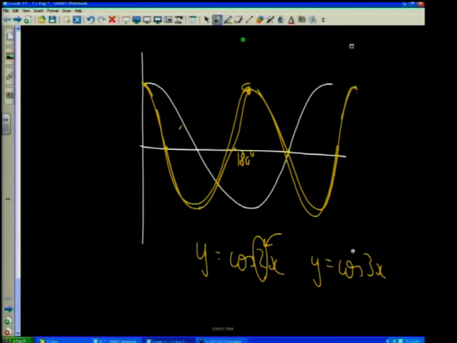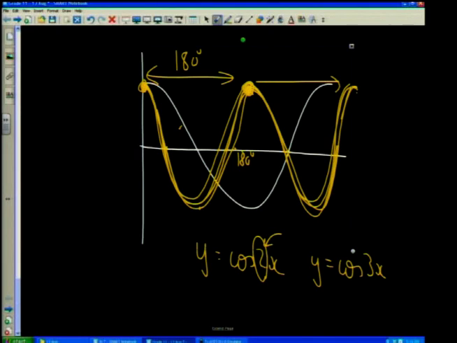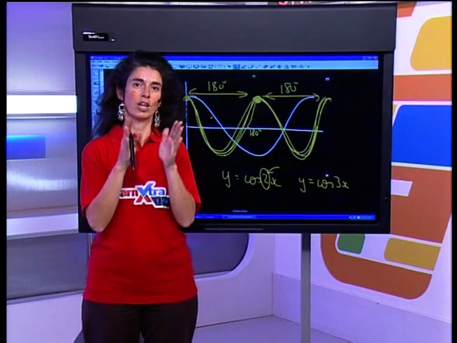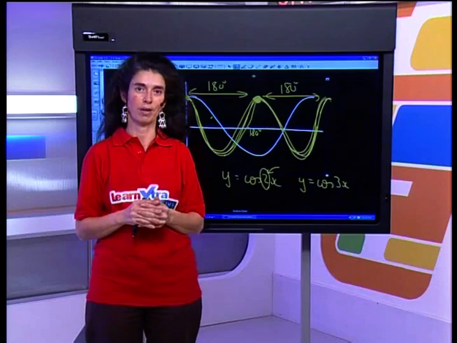This yellow graph's period, if it's got 2 cycles, it will start there and it will repeat itself after 180 degrees. And in another 180 degrees, I'm going to get another cycle. So the coefficient of the angle, because it compresses the graph, will always affect that period.